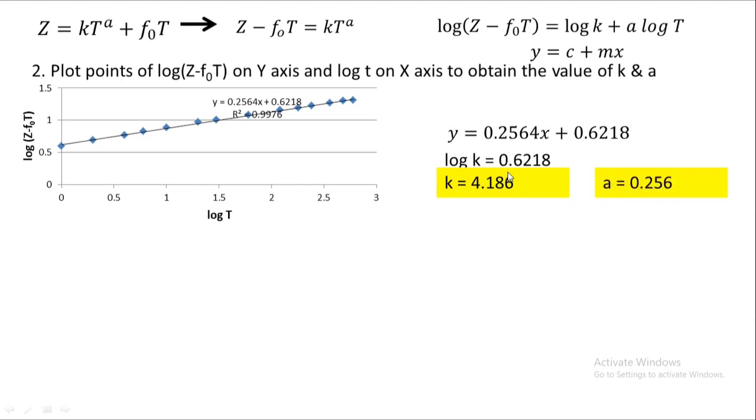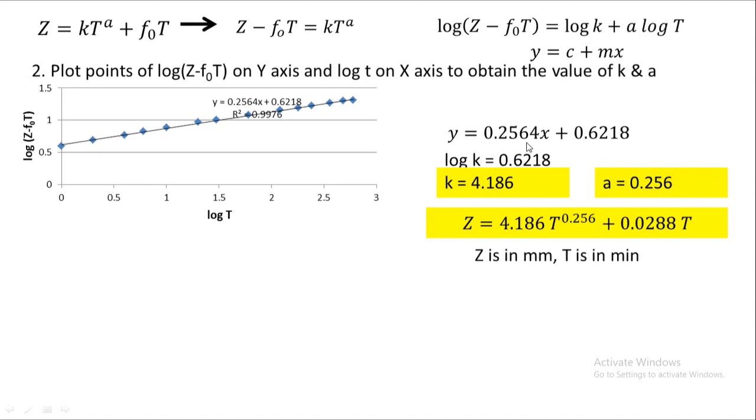K is 4.186 and A is the slope, which is equal to 0.256. Our modified Kostiakov equation is Z equal to 4.186 T raised to 0.256 plus 0.0288 T. Z is in millimeters and T is in minutes.